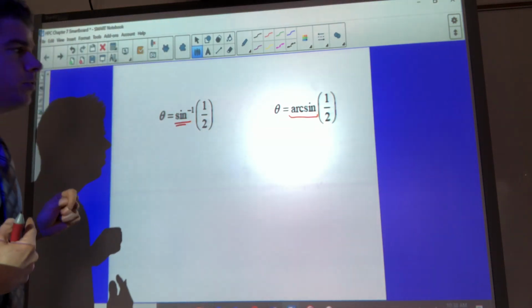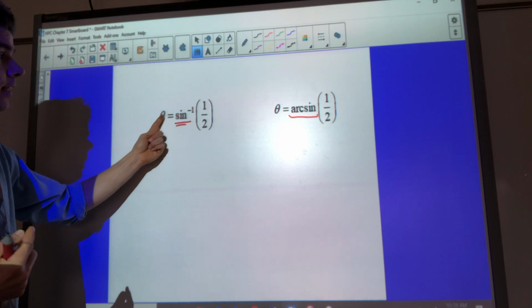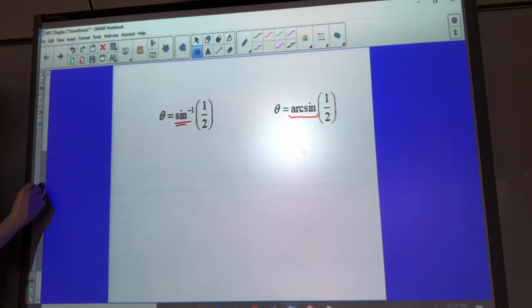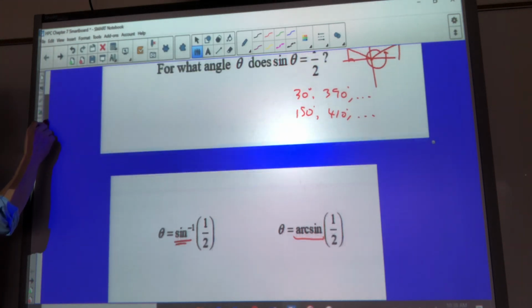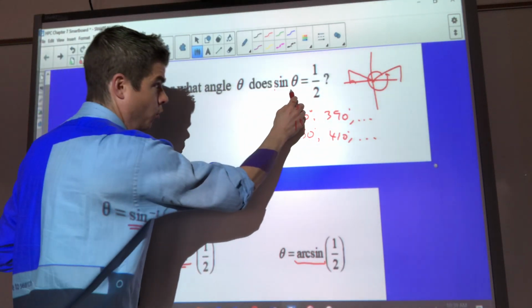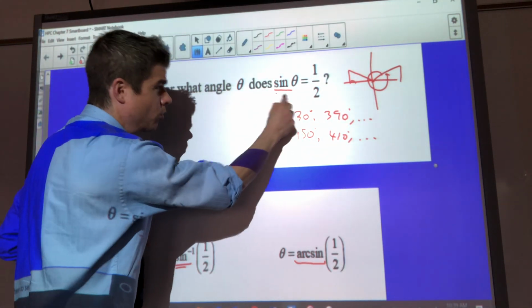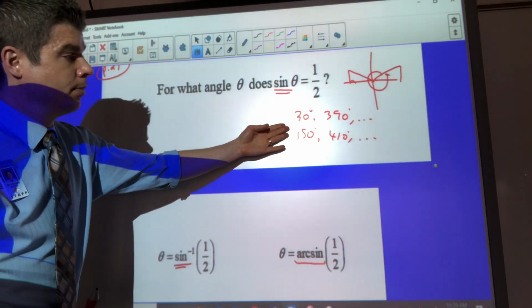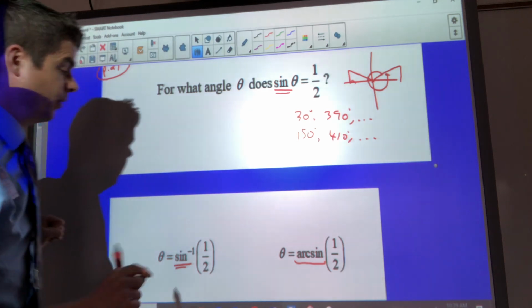And so notice that it's already been solved for theta, and it's the inverse function. Very similar but different to the normal sine function. When it's the normal sine function or normal any trig function, there's going to be an infinite number of values that will satisfy that equation.